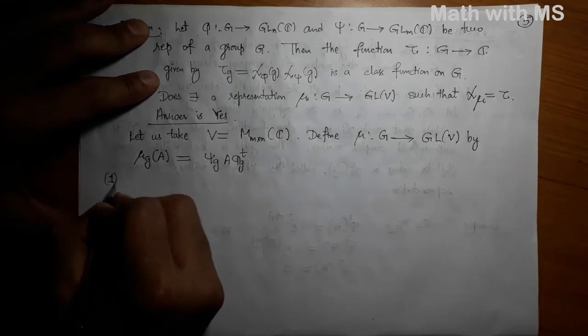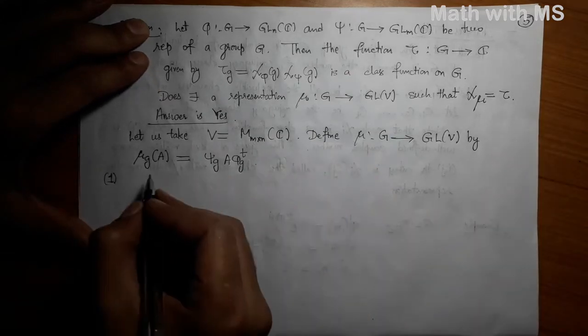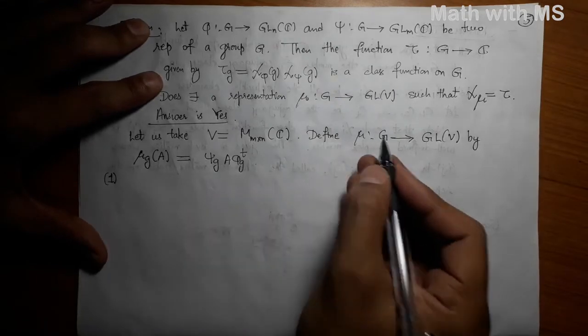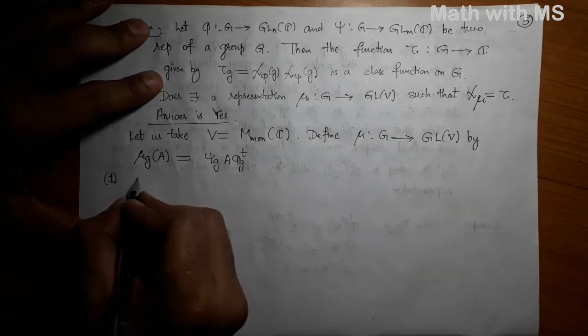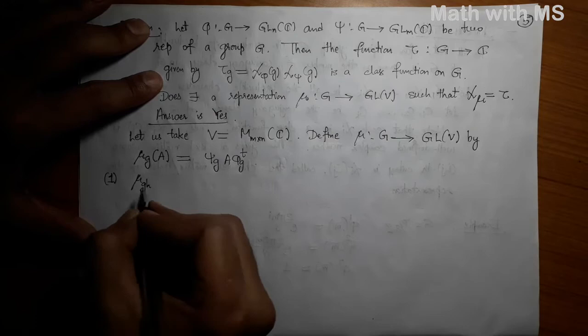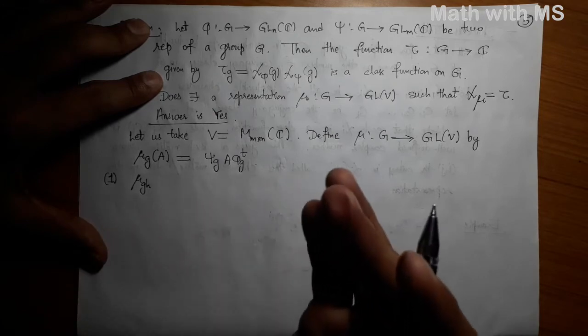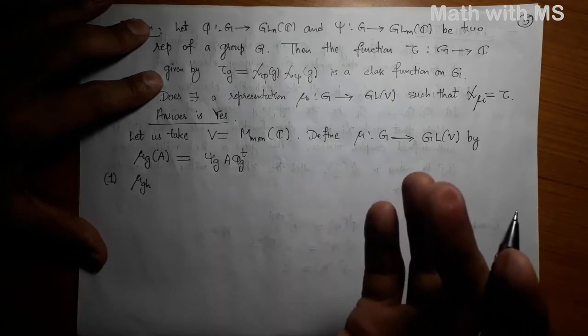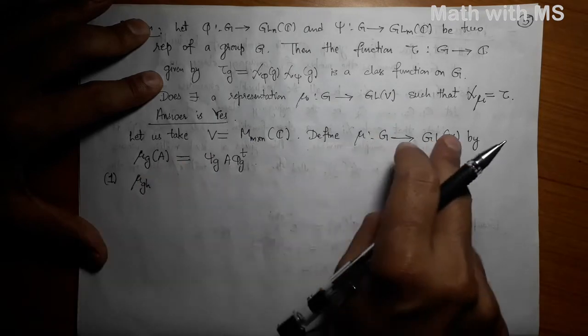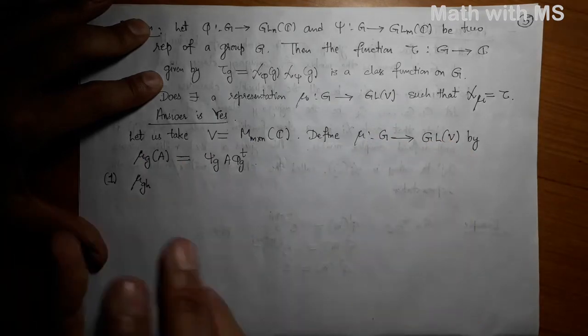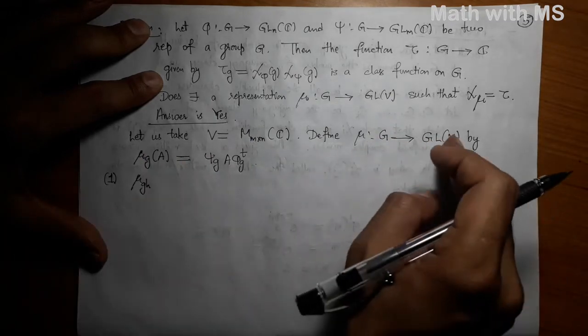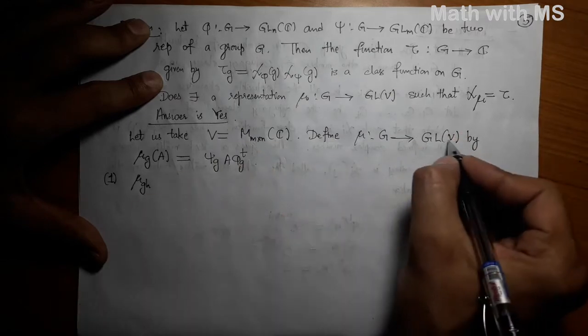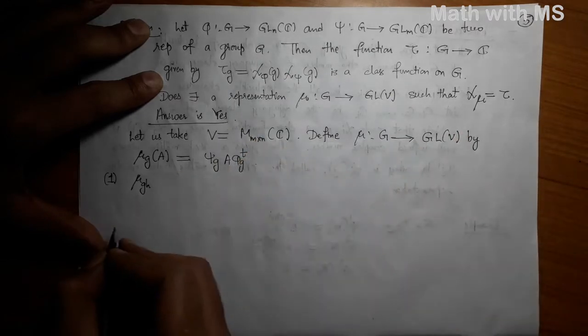First thing is, this mu is in fact a representation. To show that, we have to show it's a homomorphism. So consider mu of gh. I have to show it is the same as mu of g times mu of h, but mu of little g is actually a function, so I have to show that these two agree on the vectors in V, which are basically m by n matrices.